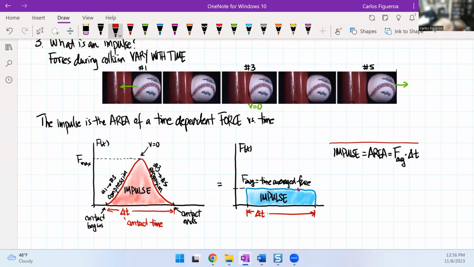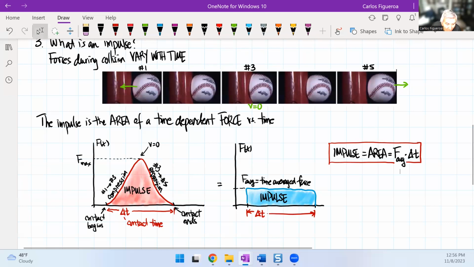This is what the impulse is telling us. And it turns out that the second curve is the most useful to deal with mathematically. Okay, let's go to the example.